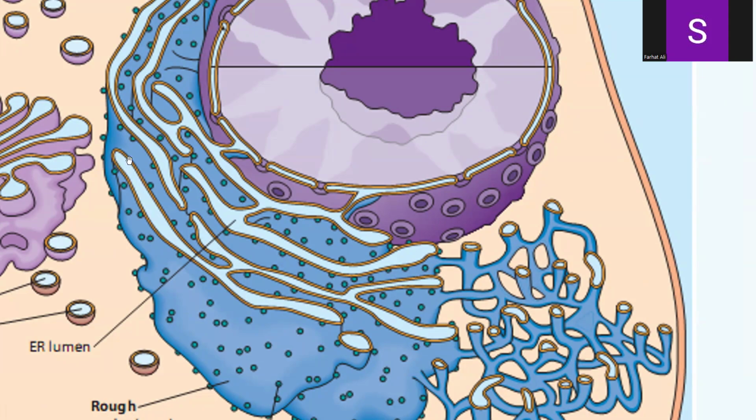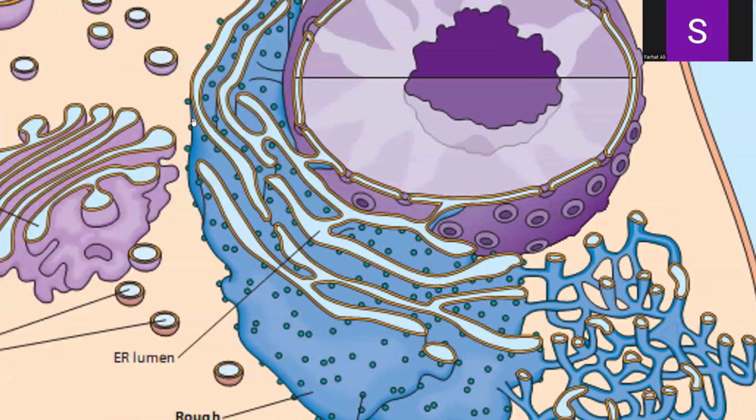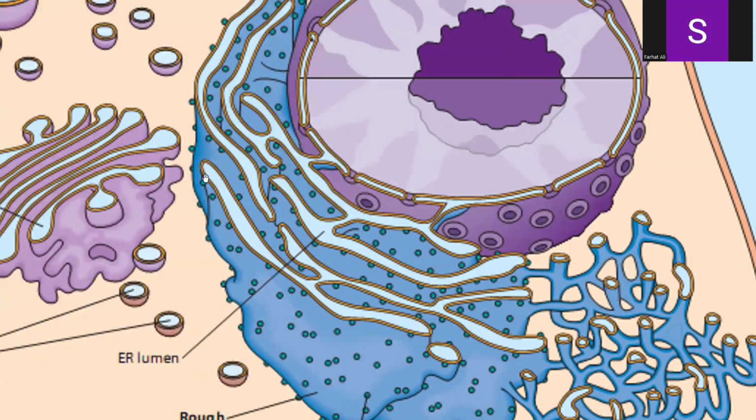So a portion of the membrane of the endoplasmic reticulum will bud off. The membrane will start to fold inward, and then a portion of the membrane, along with the protein and other molecules entrapped inside, will pinch off, and that is called a transport vesicle. Those vesicles then transport these proteins and other molecules to the Golgi complex.